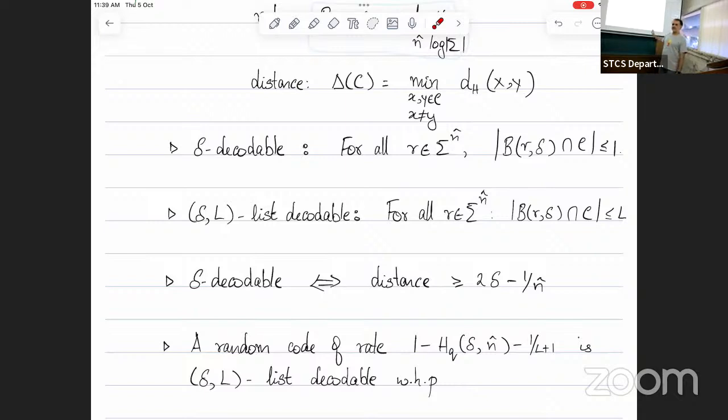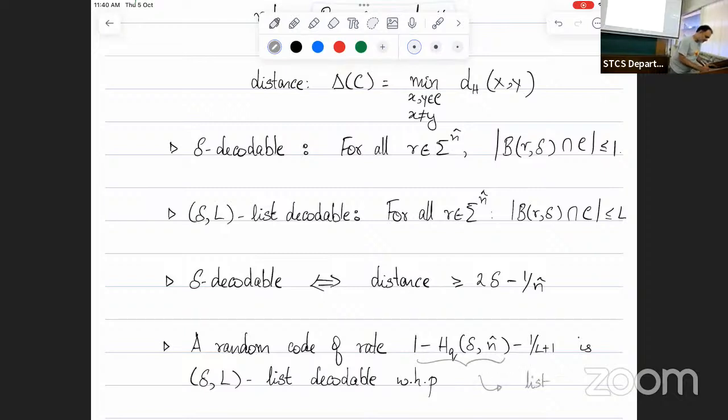We didn't really see the proof, but I'm just telling you. So in some sense the rate we should be aiming for is this quantity, and sometimes it is called the list decoding capacity.